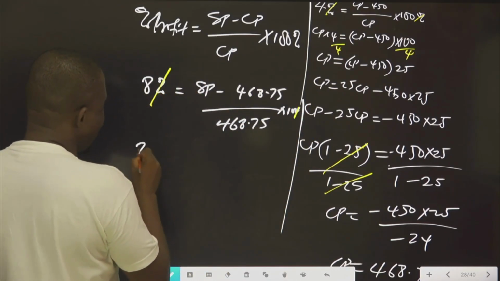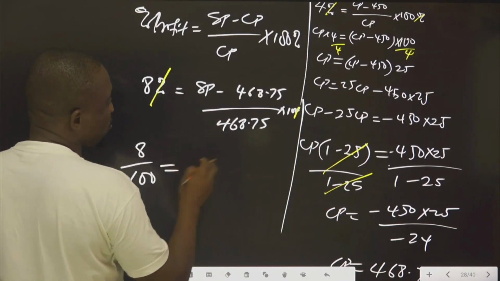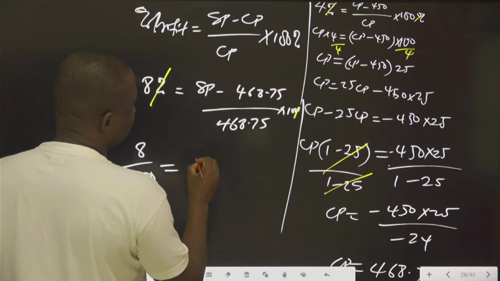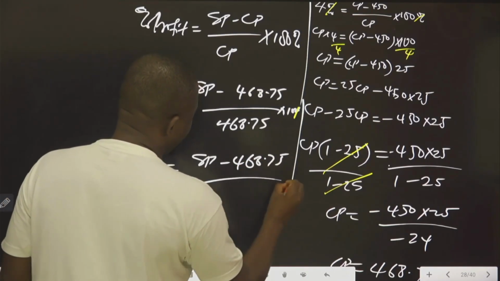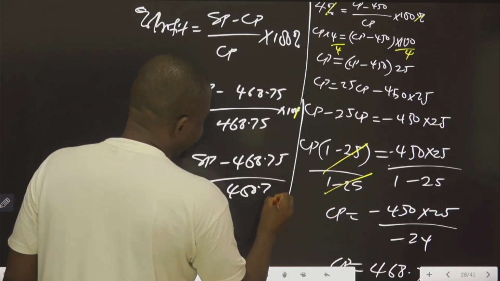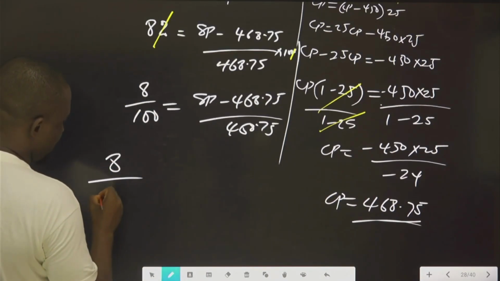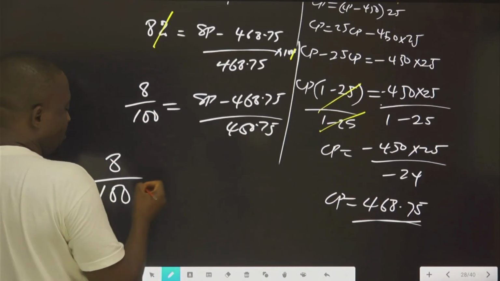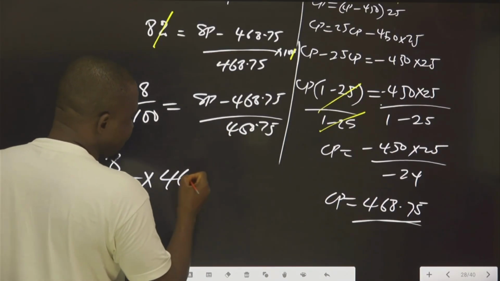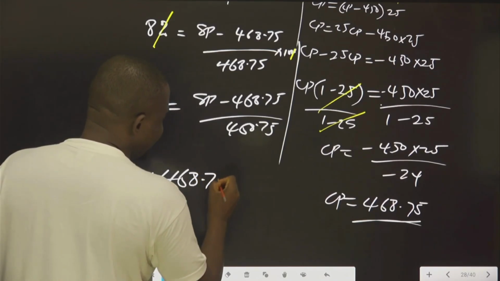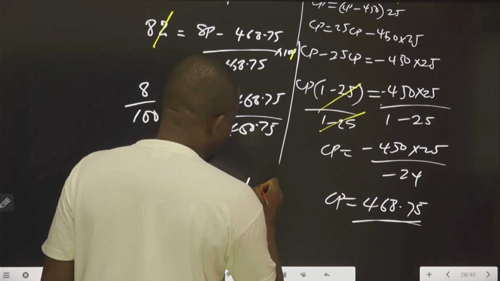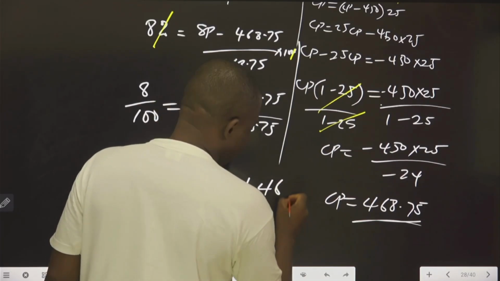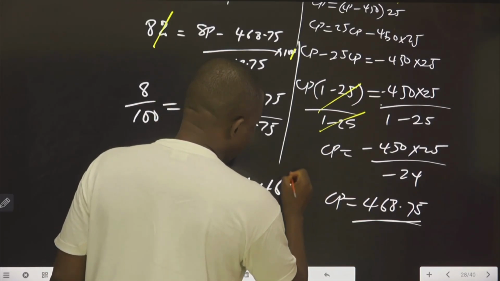I can say 8 over 100 equals to, that is, divide both sides by 100, SP minus 468.75 over 468.75. Okay? 8 over 100 multiplied by 468.75. I bring this one to this side. I'm just solving it fast now.